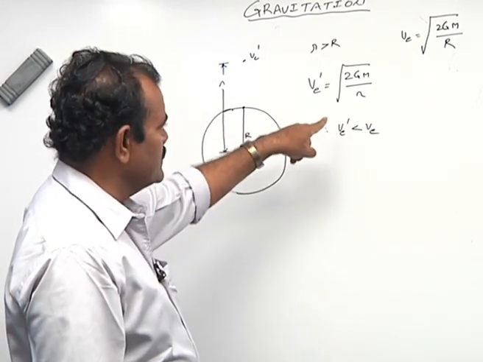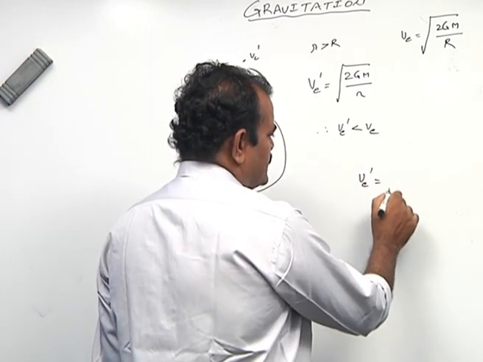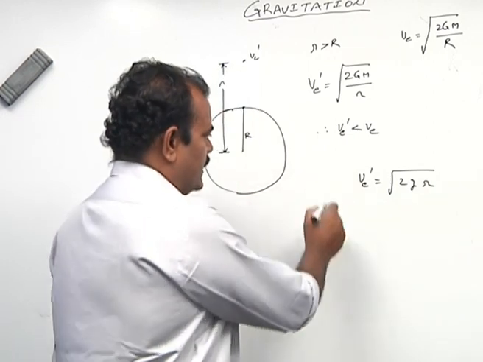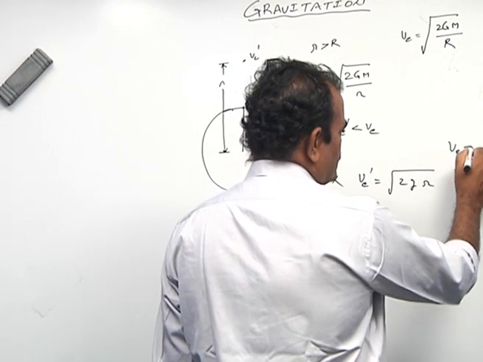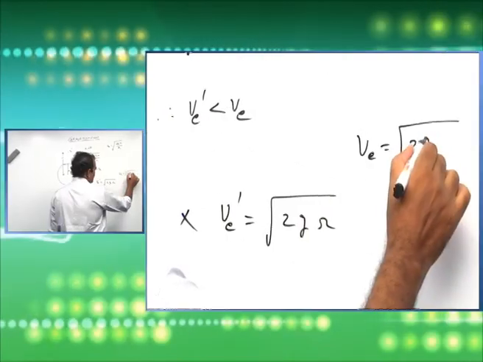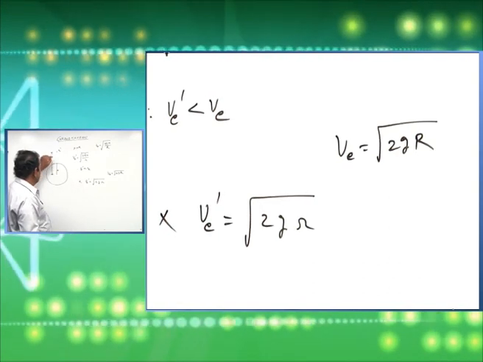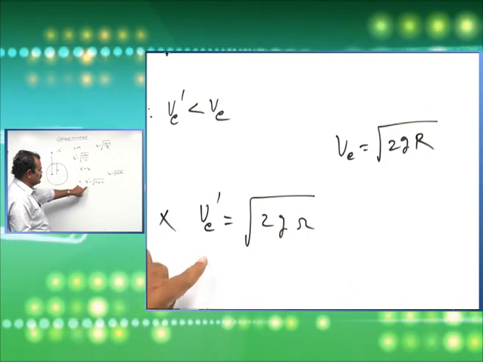But in this case, you don't apply the formula VE dash is equal to square root of 2gR; this is not correct. Even though VE from the surface of the earth is square root of 2gR, from some height, at a distance small r greater than capital R, you don't apply this formula.